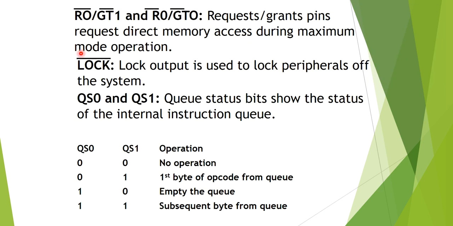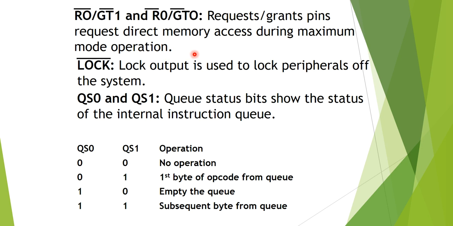Then we have RQ/GT1 and RQ/GT0. RQ means request and GT means grant. These are the request/grant signals for direct memory access during the maximum mode operation.